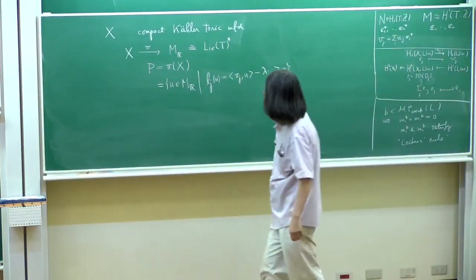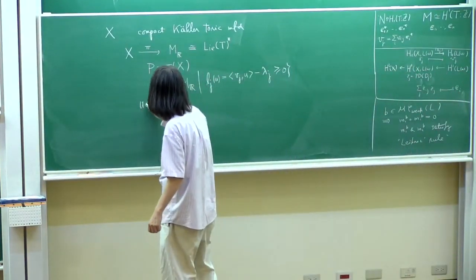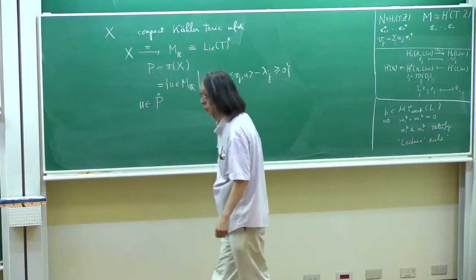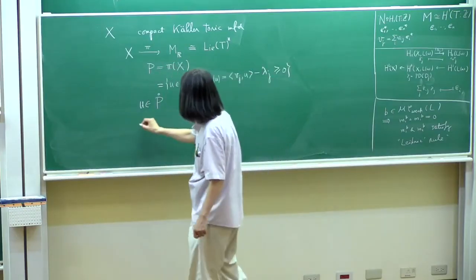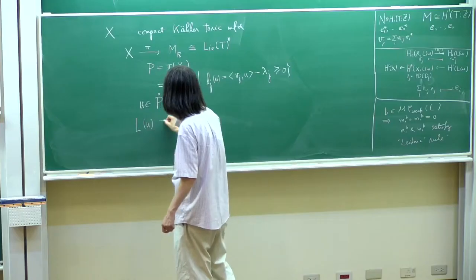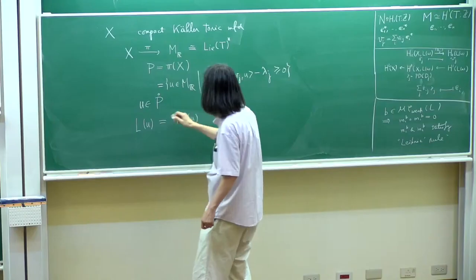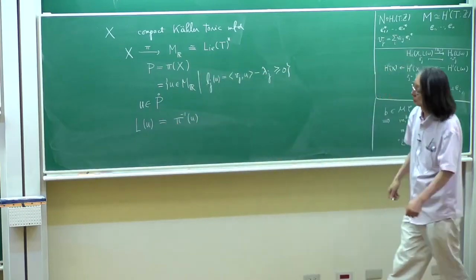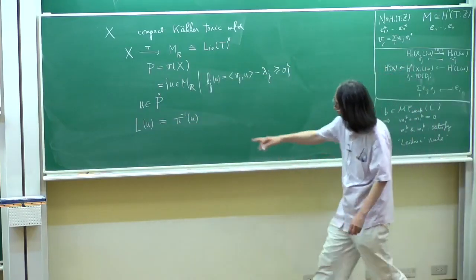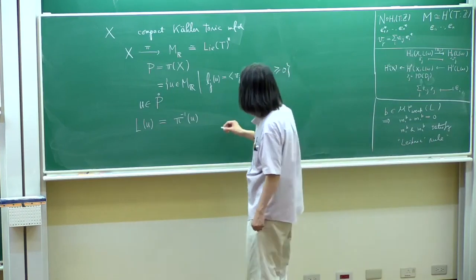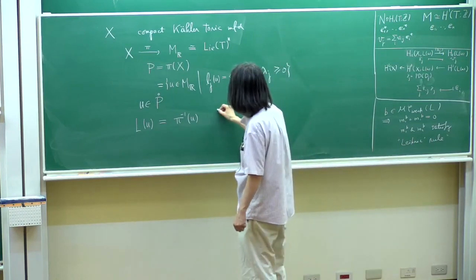Now I take a point u from the interior of the polytope. Then this L_u is the inverse image of the point u in the interior of the polytope, and this one is a free torus orbit.